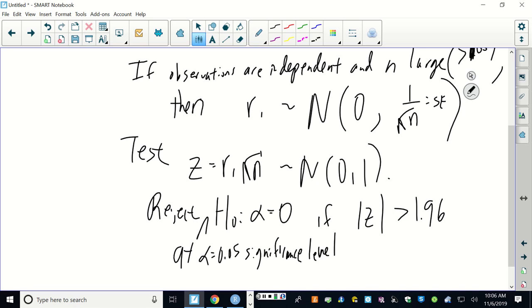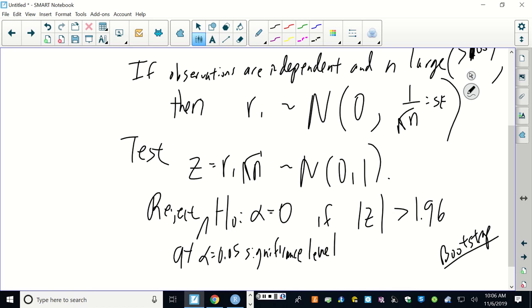And if the sample size wasn't so big and we didn't want to use normals, there might be a bootstrap type test that we might use.